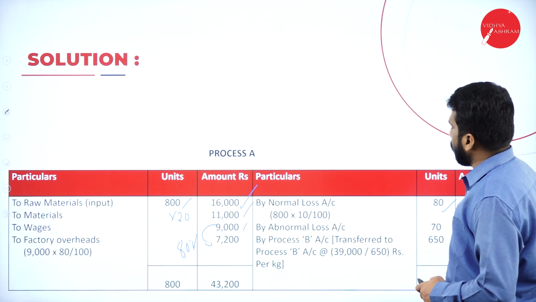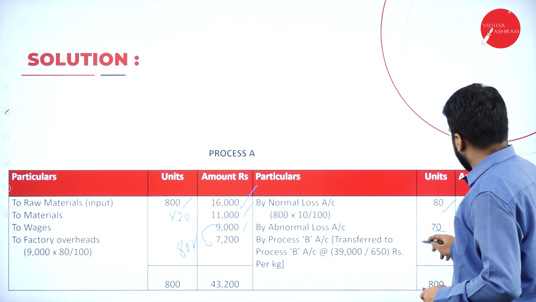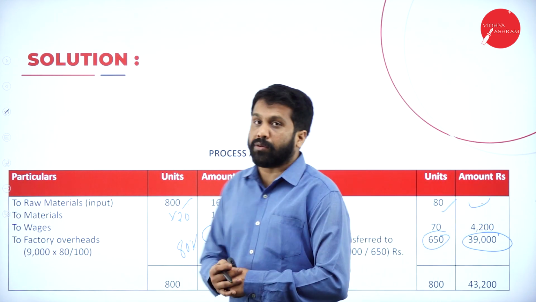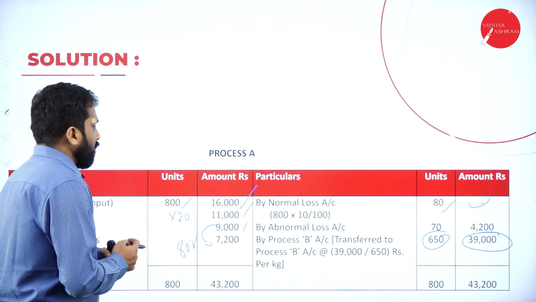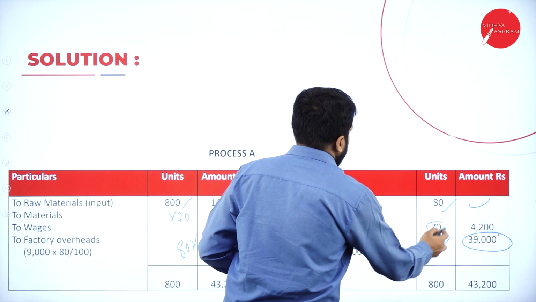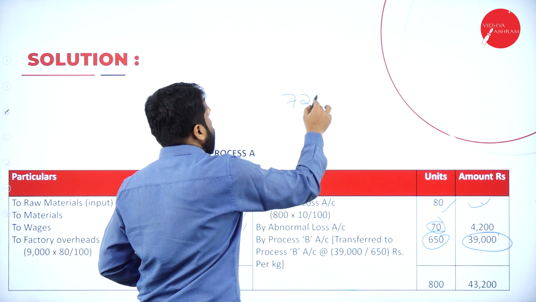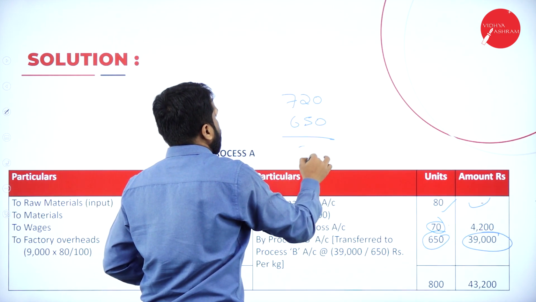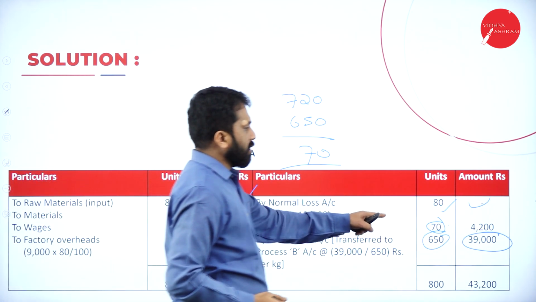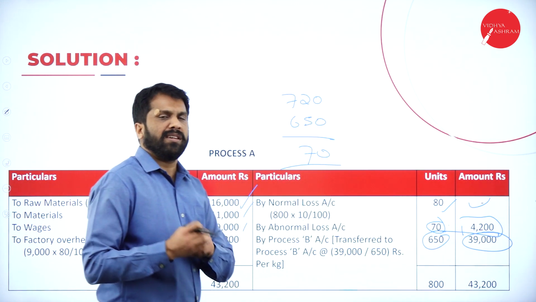See, abnormal loss they have taken. And how to write the amount for this? I'll show you how to write the amount. While writing the amount, abnormal loss, you got how much? 720 minus 650. There is an abnormal loss of 70. So 70 we got, but how to find out this 43,200 amount?